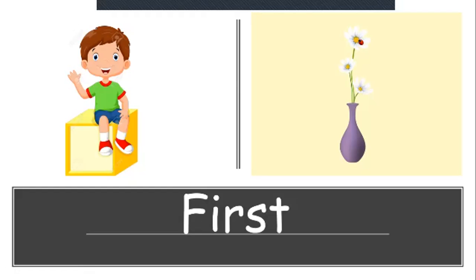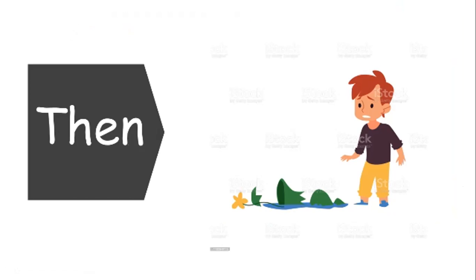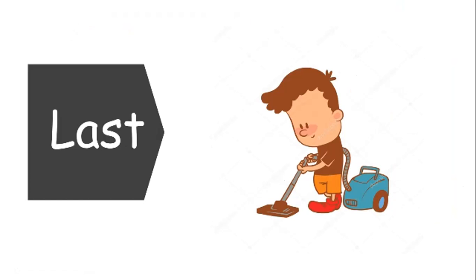Yes, the first thing is the boy sat and admired the flower in a vase. And look at the word first. Is the word at the bottom. Next is the word in the arrow. The vase suddenly falls. Then the vase is broken. Lastly, the boy cleans up the broken pieces and the flower.